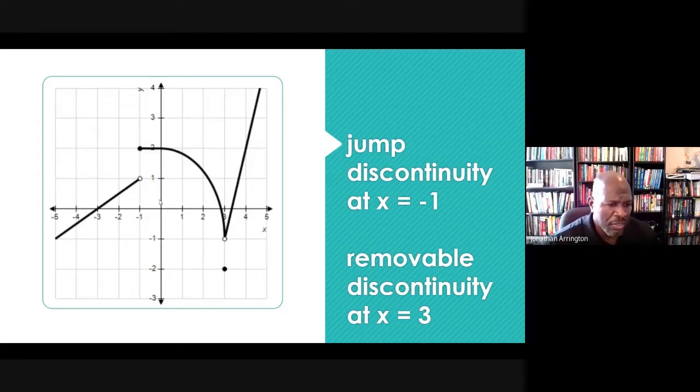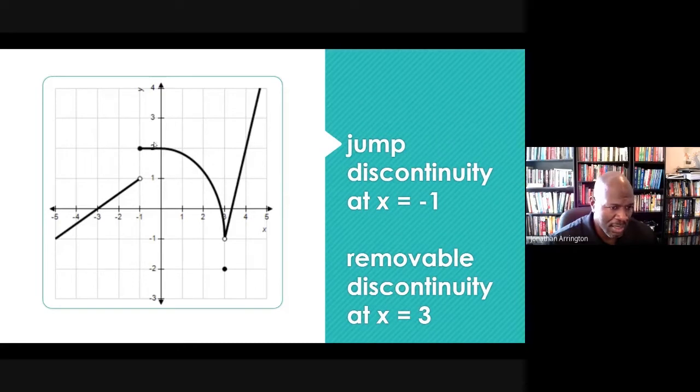Okay, so f of -1 is 2, which meets the first condition, but it doesn't meet the second condition because the limit doesn't exist. It's approaching 1 from the left and 2 from the right. So in this one, f of c was defined, but the limit as x goes to c did not exist.